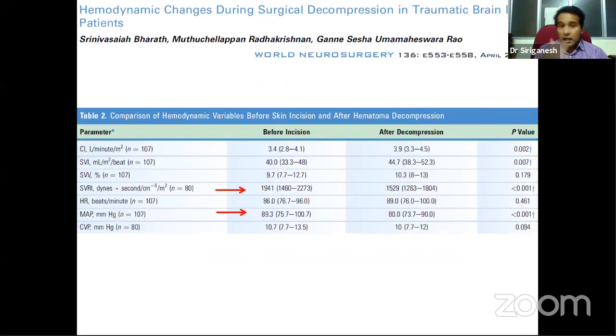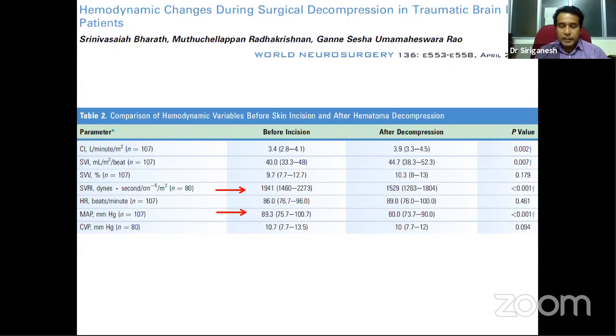So hemodynamic changes are quite often seen during surgical decompression in TBI. For example, in a patient with significantly increased ICP, to maintain cerebral perfusion pressure, the body's response is to increase the systemic vascular resistance so that mean arterial pressure is increased, and cerebral perfusion pressure is maintained despite the increase in ICP.